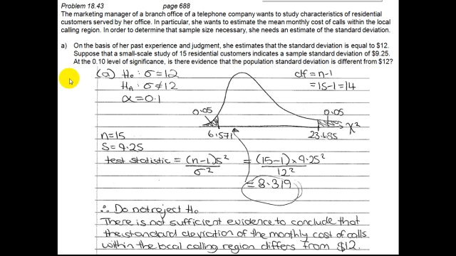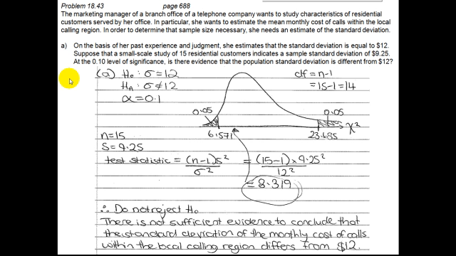So having now completed our decision diagram, we can just remind ourselves that, okay, the sample size was 15, sample standard deviation S was $9.25. So that allows us to now complete the test statistic. It's not too bad to work out for this test. It's just n minus 1 times sample variance divided by population variance. We can substitute everything in.